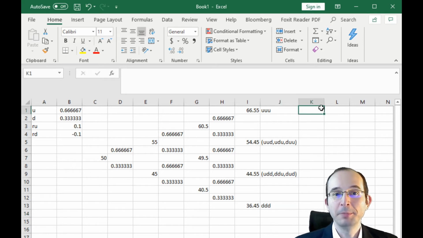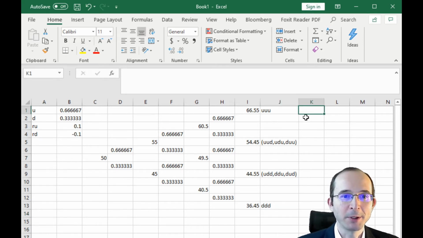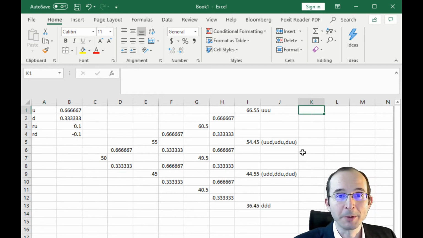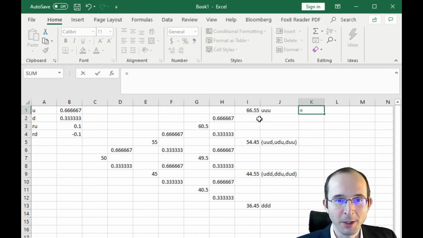Now, what would the probabilities of each of these outcomes be? Well, since they're independent, all we really need to do is just multiply them. So how many ways can you get to state UUU?